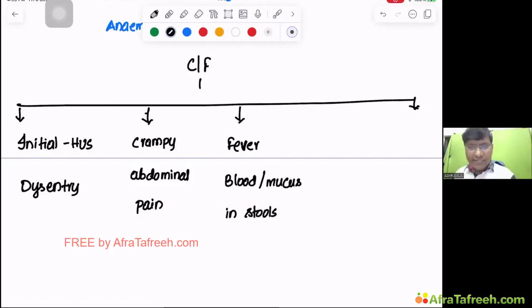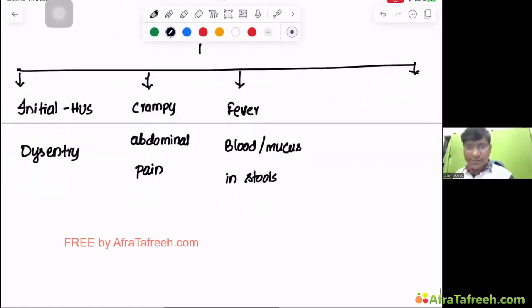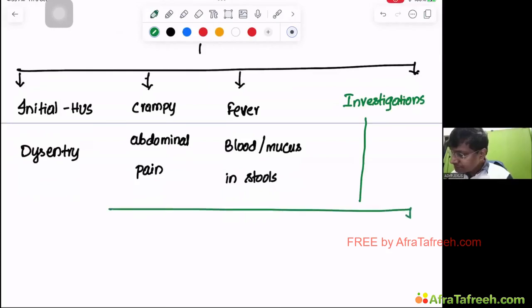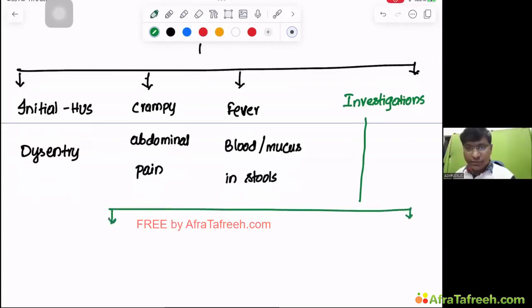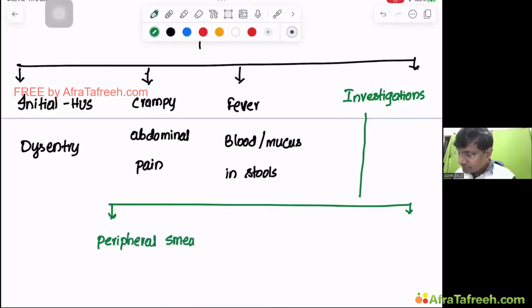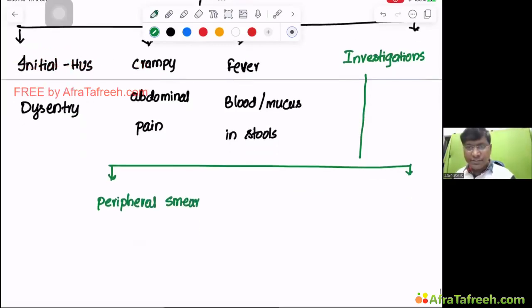And when you do a workup in these patients, that is the investigations. Investigations in these patients include number one, examination of the peripheral smear.